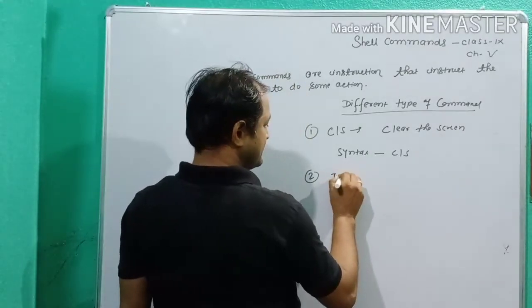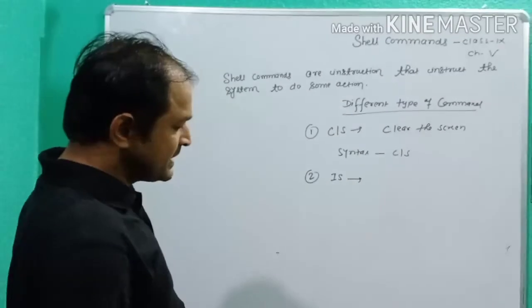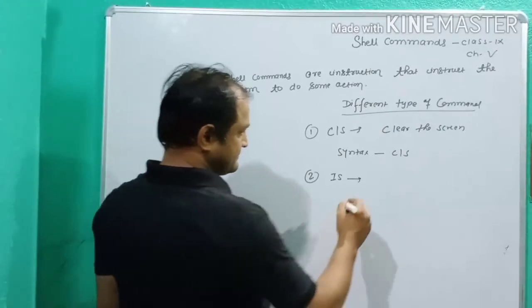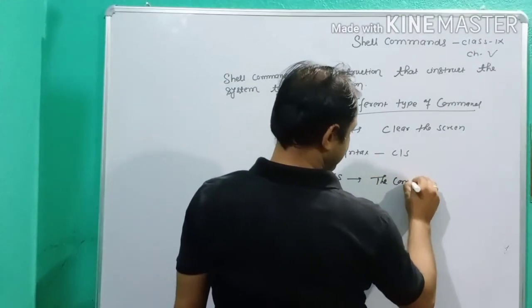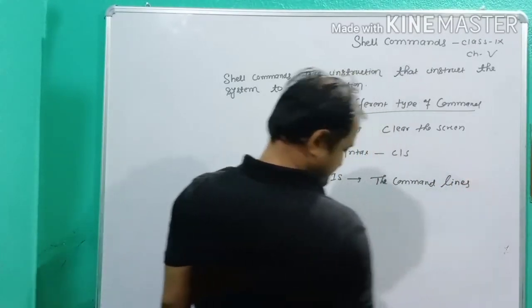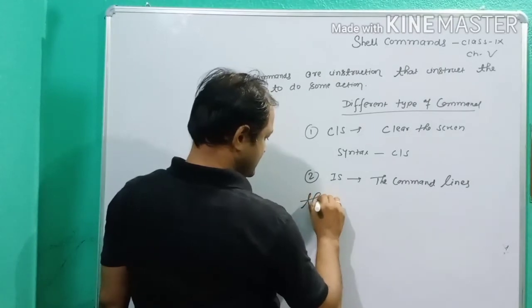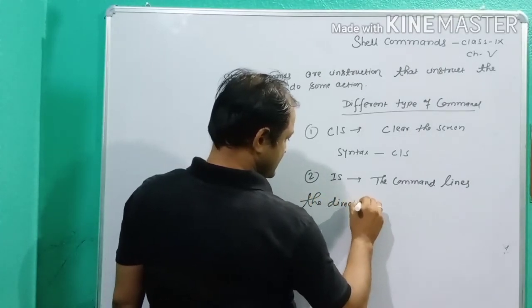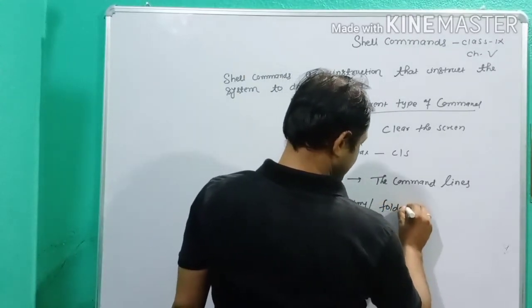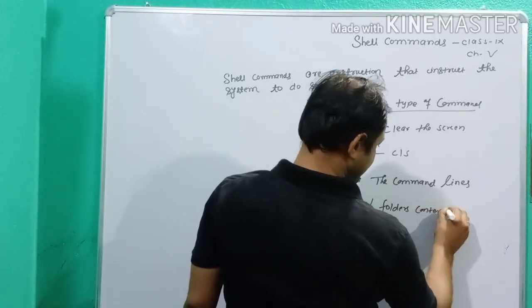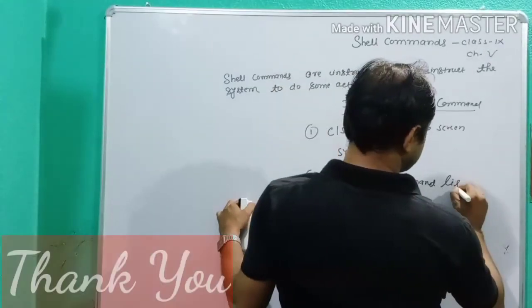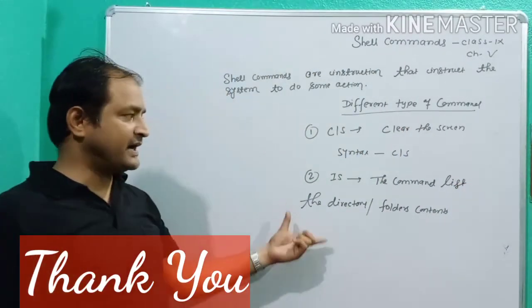Second, the DIR command. The DIR command lists the directory, folders and contents, any file and folder list available.